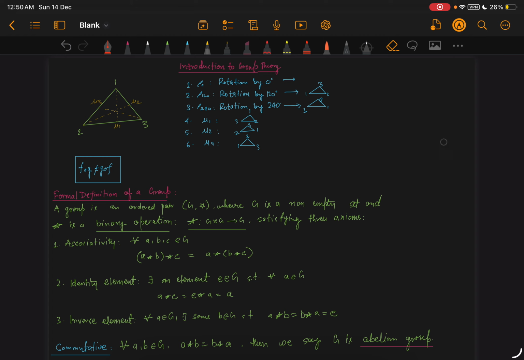So we have verified that this set of 6 functions or operations satisfies the definition of a group.